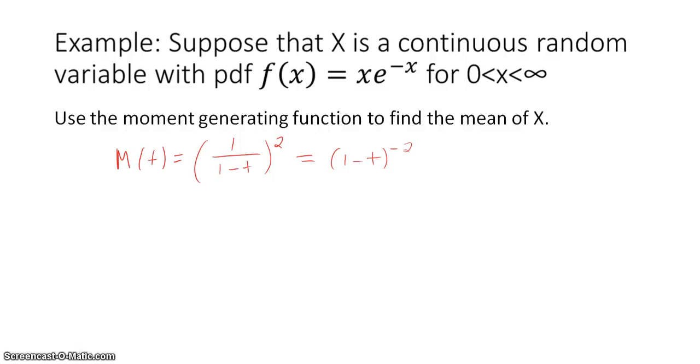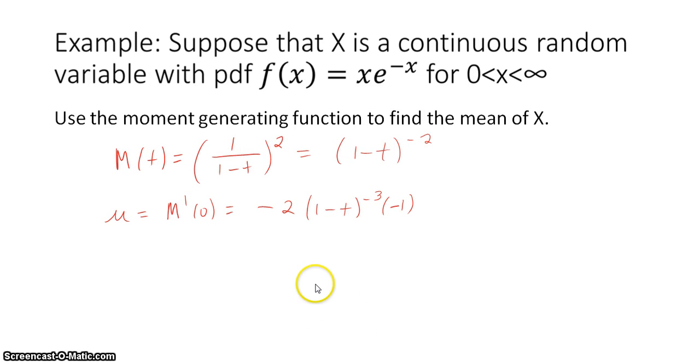We want to take the first derivative and evaluate it at 0 to get the mean. We take our derivative, we have negative 2 times 1 minus t to the negative third, and then we take the derivative of the inside part, which gives us our negative 1 here. Now we're going to evaluate that at 0, and we get a mean of 2.